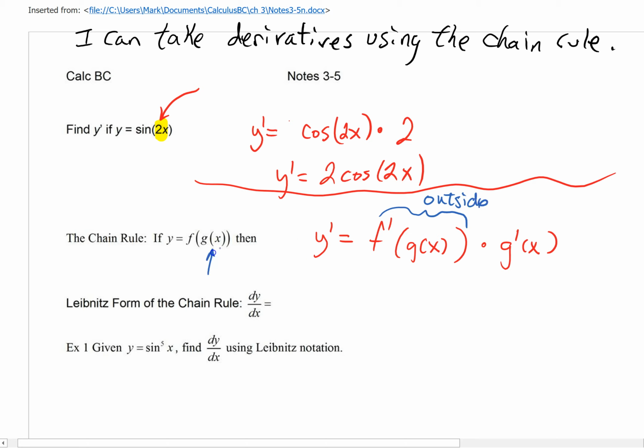You can see there is a composition right here. This is your inside, and right here you've got your outside. Your outside function is f, g is plugged inside of it. So take your derivative of the outside, you get f prime, you still have g of x inside of it, but then you multiply by the derivative of the inside.